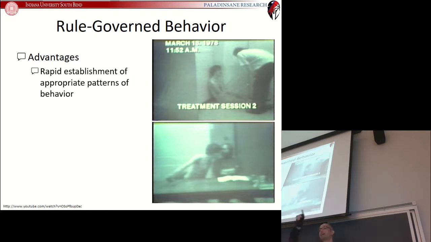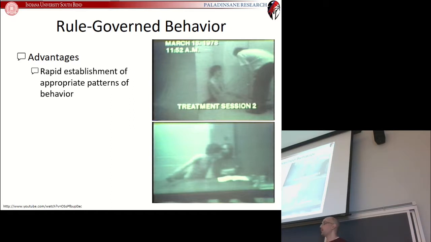Training them to peck in one of six quadrant areas. Training them to fixate, and not look around. That was 75% of the experimental time. 25% was spent actually running them on the experiment. So one of the advantages of rule-governed behavior is that it rapidly establishes the appropriate pattern of behaviors.